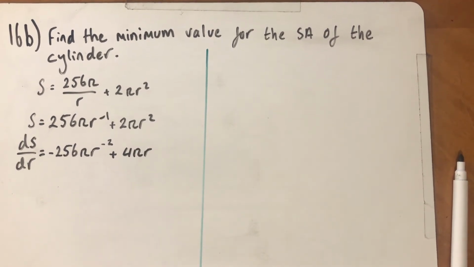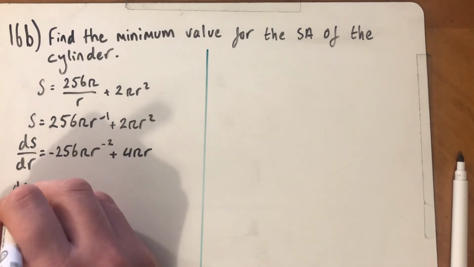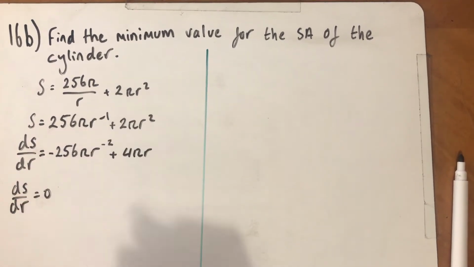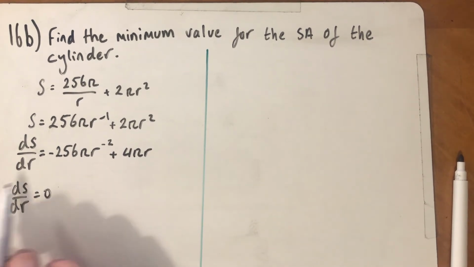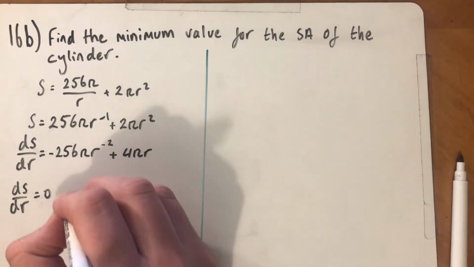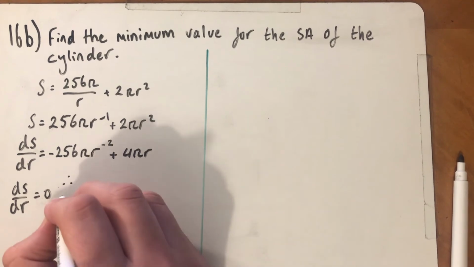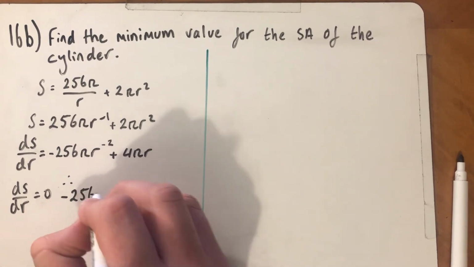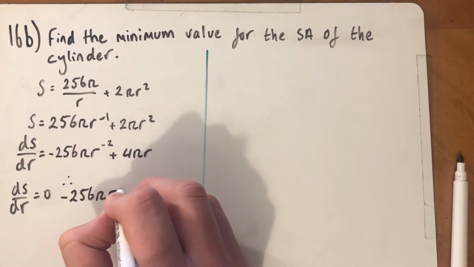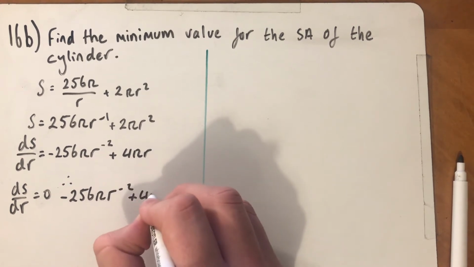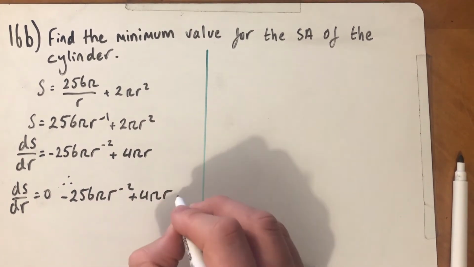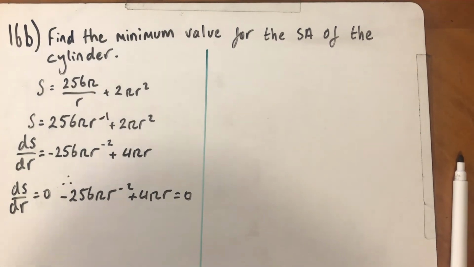So we know in order to find the minimum value, we set ds by dr equal to 0, because we know that the minimum value occurs at this point. So we can therefore say that minus 256 pi r to the minus 2 plus 4 pi r is equal to 0.